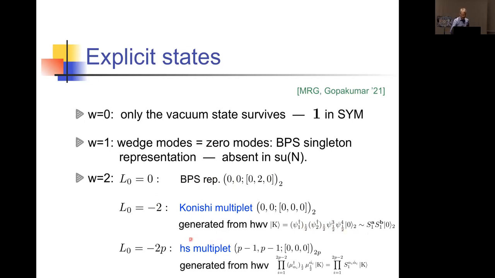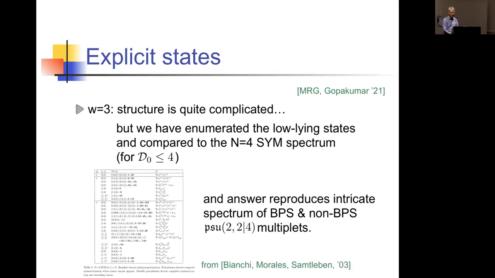And then all the other multiplets that appear, the higher spin multiplets, they come from higher powers of these DDF operators acting on the twisted sector ground state. Now for w equal to 2, that still looks vaguely simple. For w equal to 3, the structure is more complicated. So here is a table that I've taken from this paper of Bianchi, Morales, and Samtleben. You're not meant to read it. You're meant to see that it contains lots of stuff.